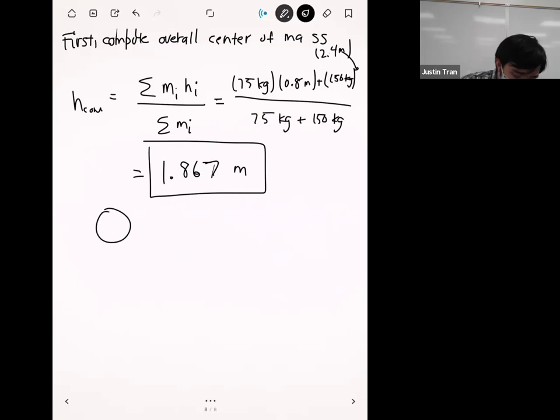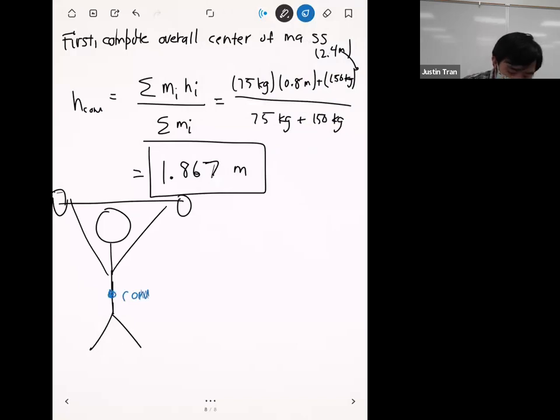To draw this visually, I'm just going to draw the person again. If the original center of mass was right here, the new center of mass might be somewhere over here.